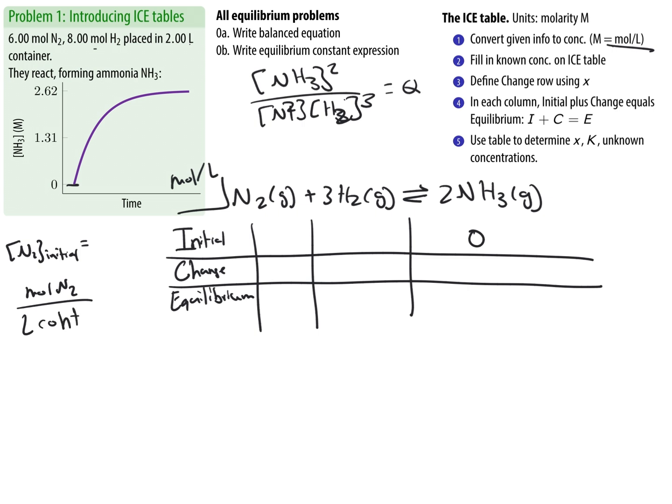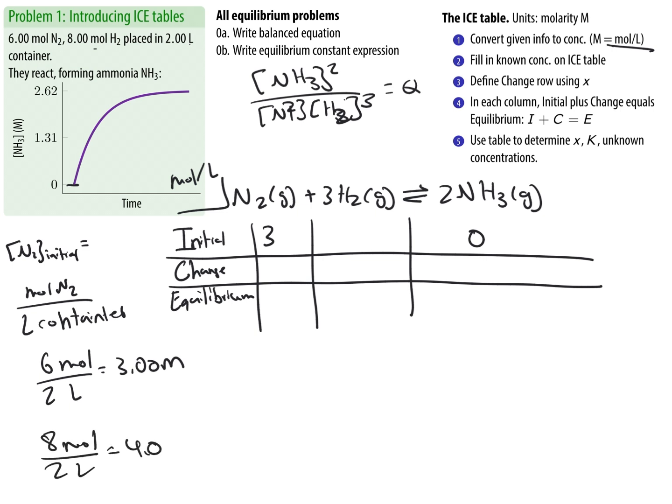If it was a solution, we would call that liters of solution. In this case, that's 6 moles divided by 2 liters, which is equal to 3 molar. The same thing for H2, 8 moles of H2 in a 2-liter container, so that's 8 moles divided by 2 liters, which is 4 molar. That was your initial concentration of H2.